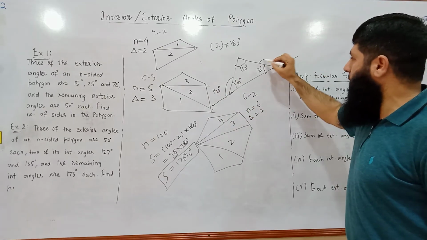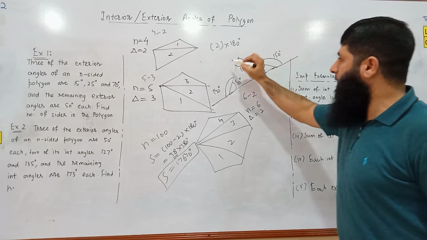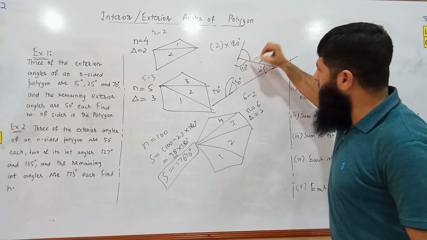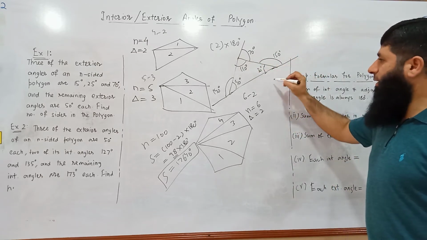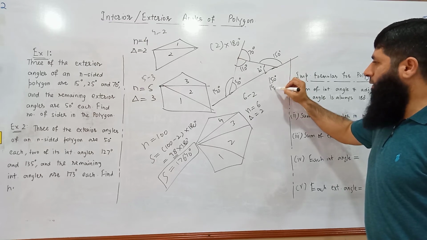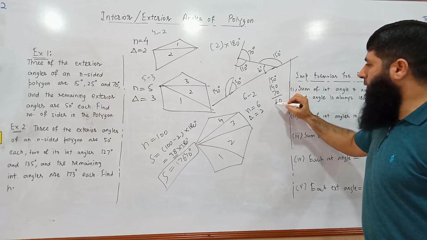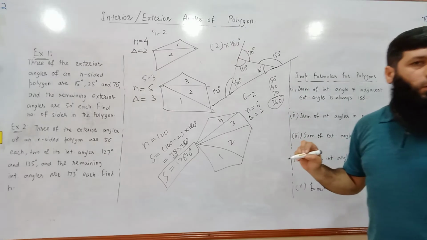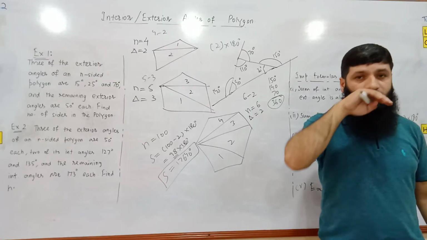Similarly, the exterior angle of this angle will be 150, and the exterior angle of this angle will be 70 degrees. If you add up these exterior angles 150, 140 and 70, you will get 360. So in case of any polygon, the sum of exterior angles is always 360.